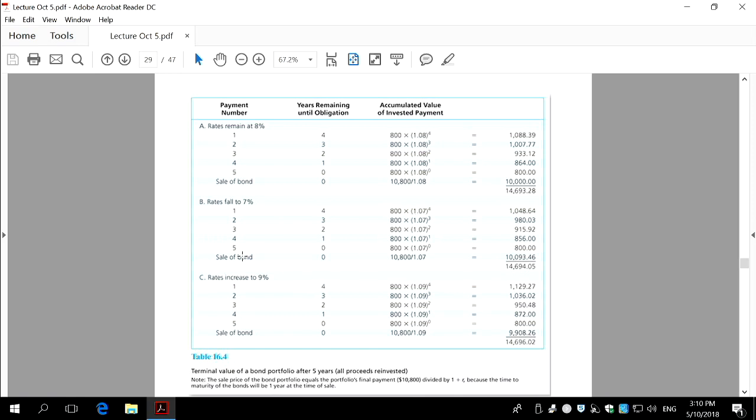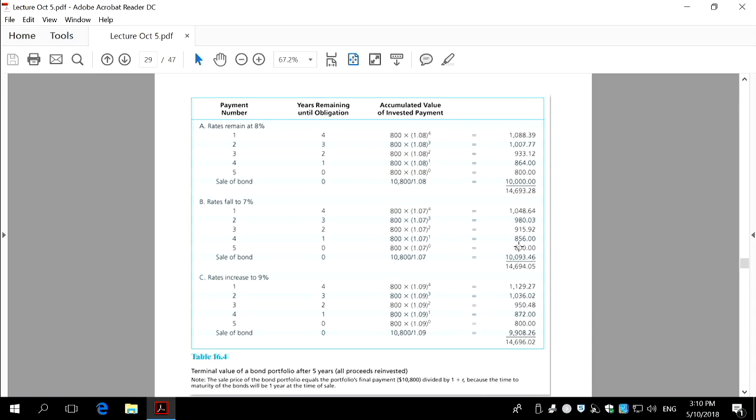But at the end of the 5th year, you sell your bond. Because your bond hasn't matured yet, the maturity of the bond is 6 years, so when you sell, the bond still has 1 year to maturity, right? So you sell your bond, and this is the price of that bond at the end of the 5th year.